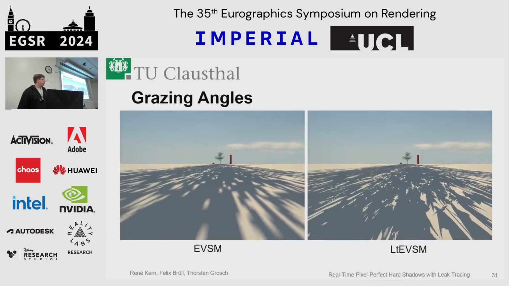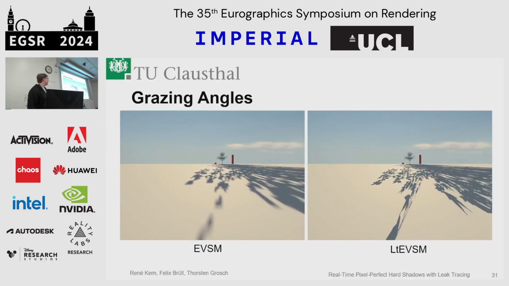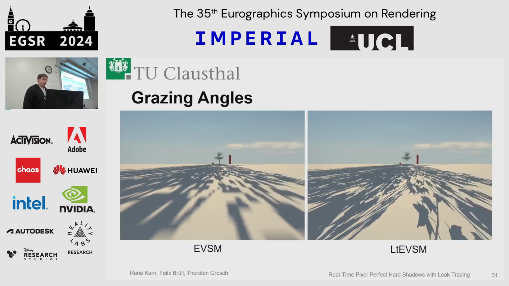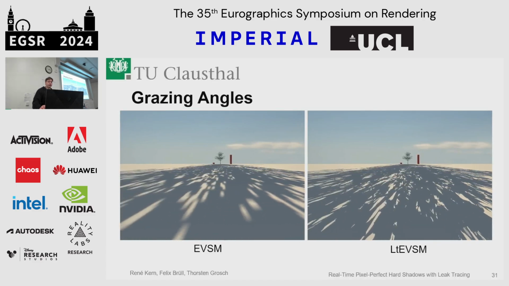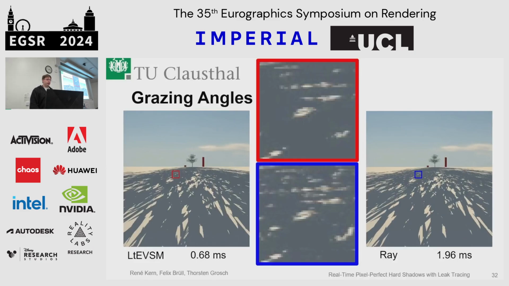We also tested our leak tracing at grazing angles. On the right side, you see the shadow map that's actually used to reproduce the shadow. And you can see no obvious error at first glance. However, if you compared them side by side with the ray trace shadow, you would notice that some shadows actually disappear, as we always use the shadow map as a template.